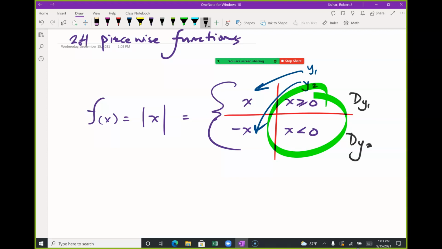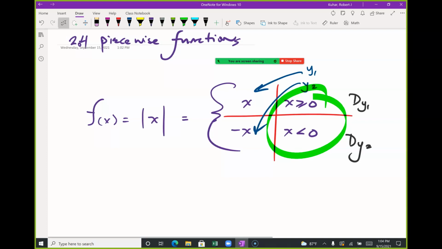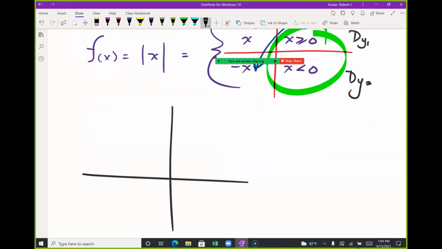In this case, lines, y equals x and y equals negative x. And those stacked pieces on the right are the domains of each of those machines. And of course we know what this particular function looks like. When x is positive or 0, I have y1, and when x is negative, I have my y2, right?